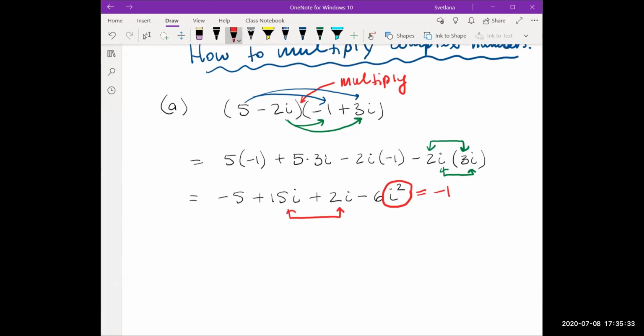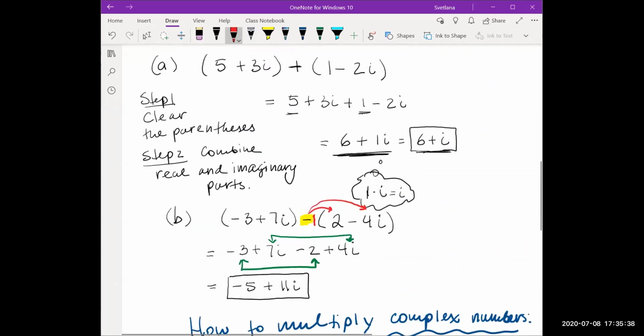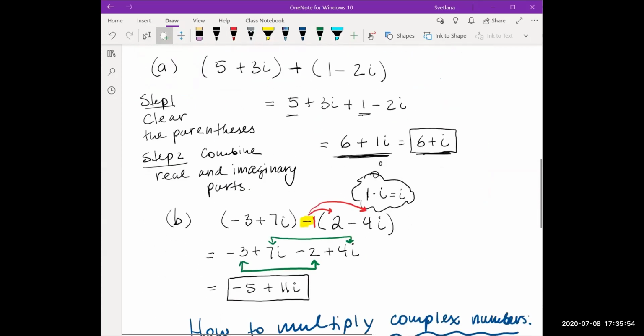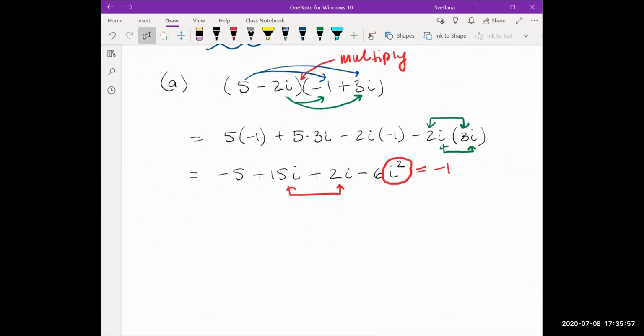The answer should not have i squared, because the complex number in its standard form is a plus bi. So it doesn't have any i squared. We may be missing one part of that sum, but we shouldn't have any i squared present.